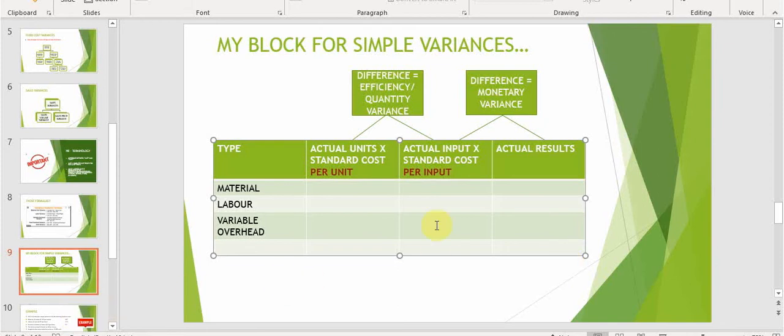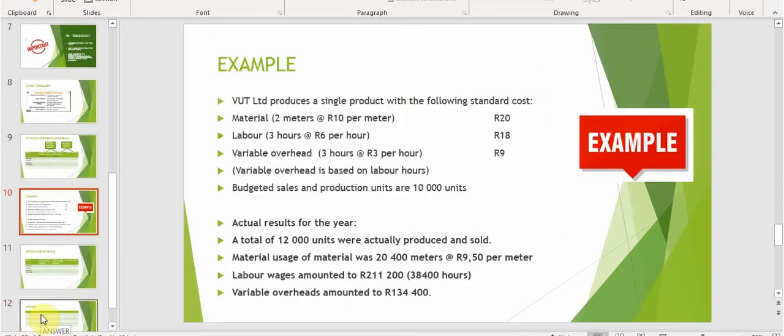So in actual fact, by using this block, you are applying the formula, but you are doing it unknowingly, and thus you don't have to intend to remember anything. Because at third year level, you don't get a mark for the formula anyway. So going to slide 10, I have an example, and it says here that VUT Limited produces a single product that has the following standard cost.